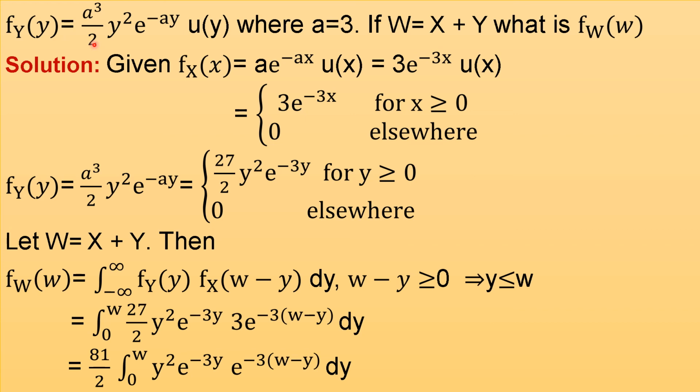Here u(x) means u(x minus 0), which will be 0 for x less than 0 and 1 for x greater than or equal to 0. So this f_X(x) will be 3 into e power minus 3x into 1, means 3 into e power minus 3x for x greater than or equal to 0, 0 elsewhere.